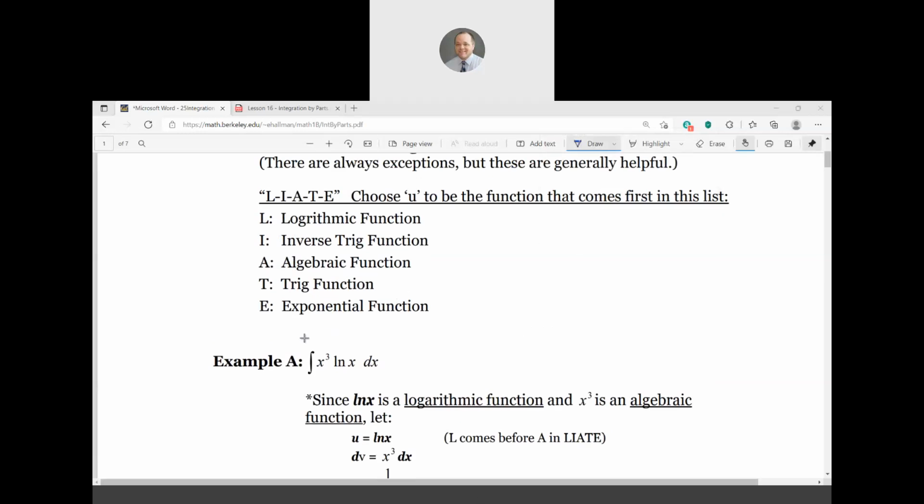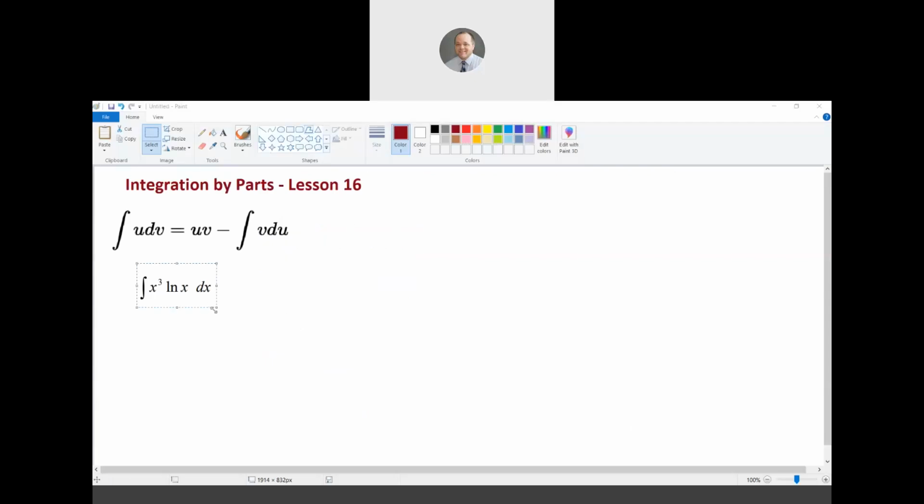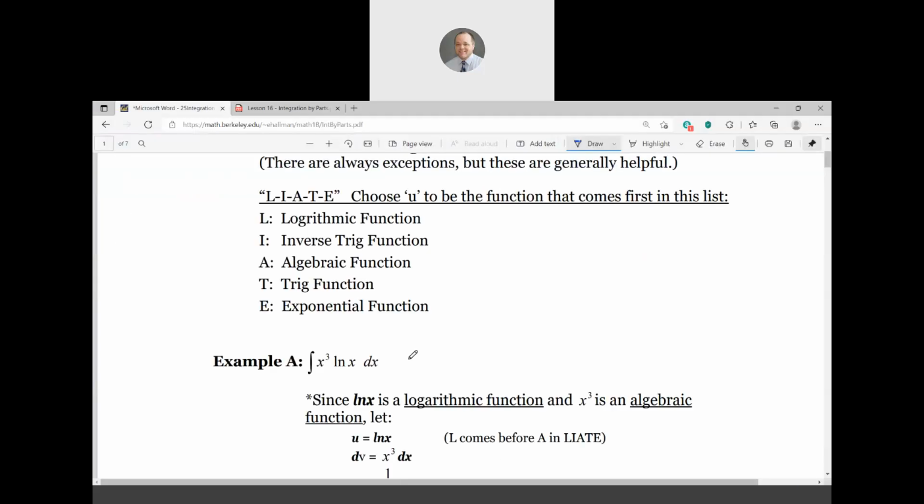So let's start with a basic example. And let me share my screen. There we are. We need to integrate x cubed times natural log of x dx. Now I'm just going to use the advice given on this Berkeley PDF sheet.